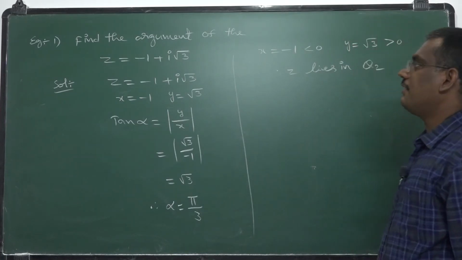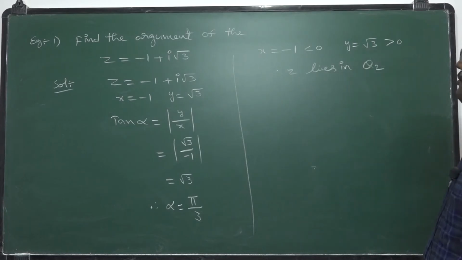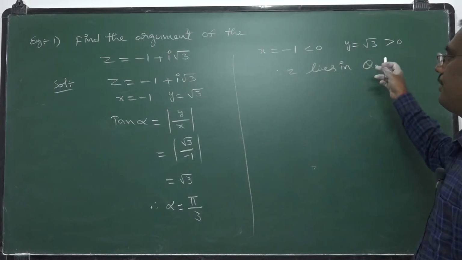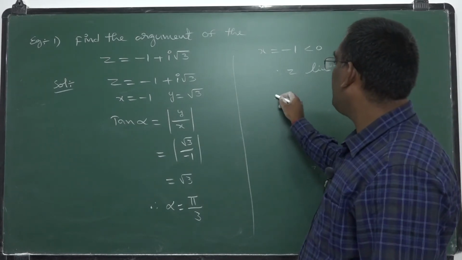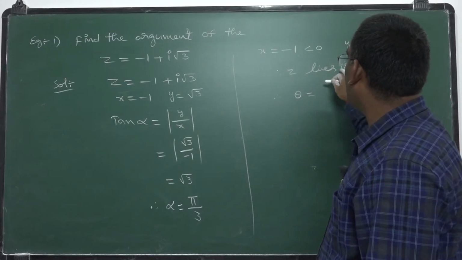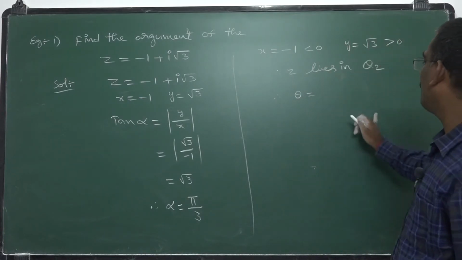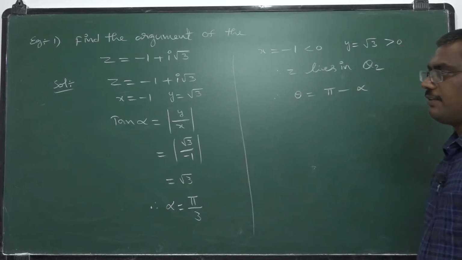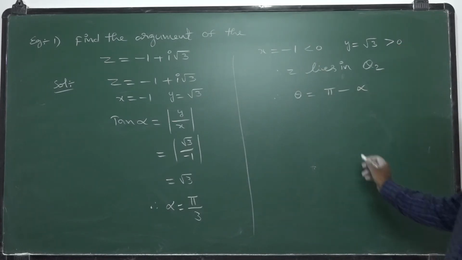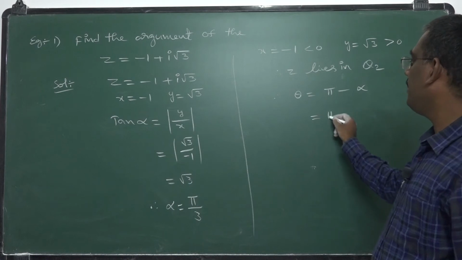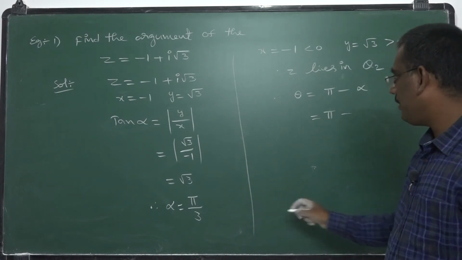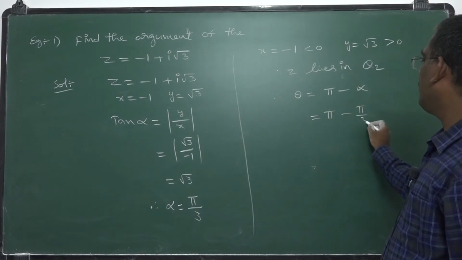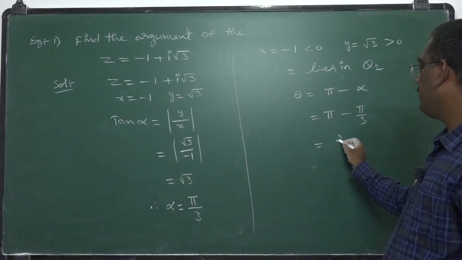If z lies in the second quadrant, then theta equal to pi minus alpha. Alpha is pi by 3, so that is equal to 2 pi by 3.